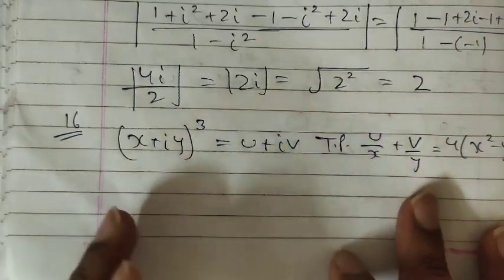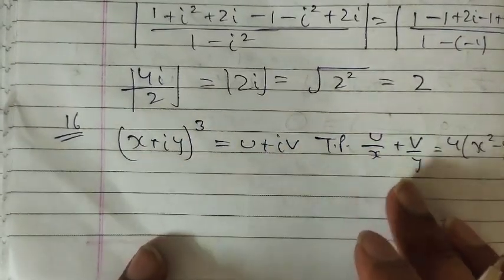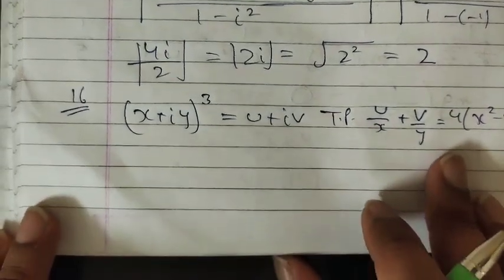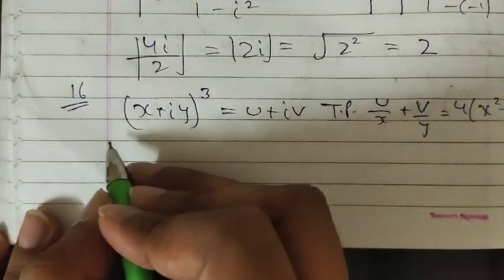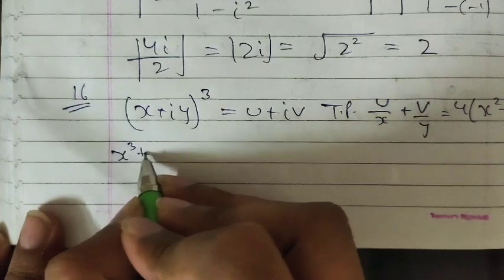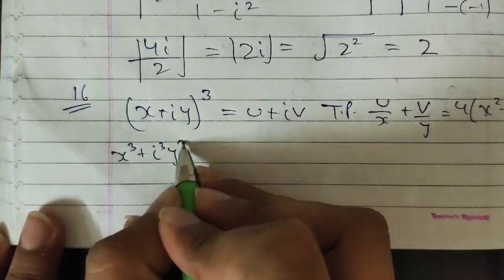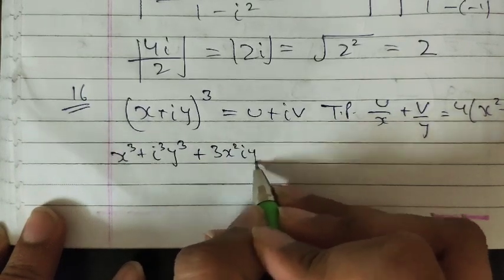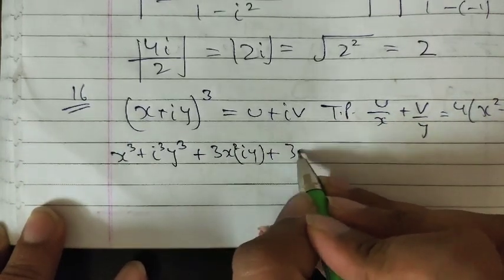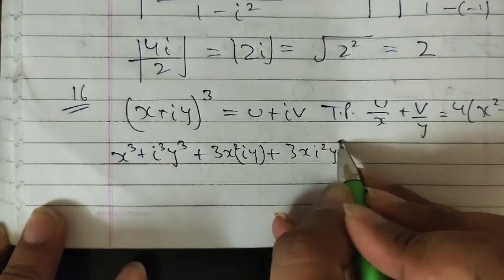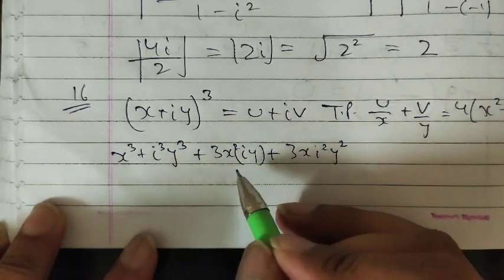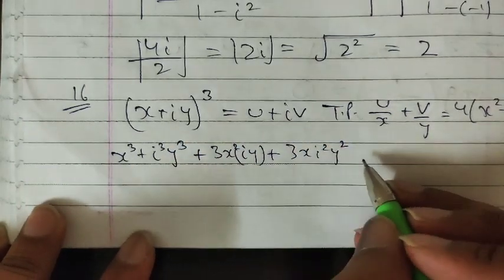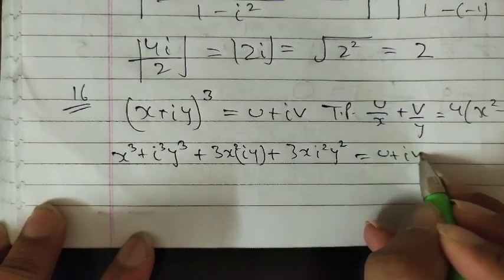Now this is given in question number 16. We have to prove that u upon x plus v upon y is equal to this one. So let's first expand this. That will be x cube plus iota cube y cube plus 3x square iota y plus 3x iota square y square. a cube plus b cube plus 3a square b plus 3ab square is equal to u plus iota v.